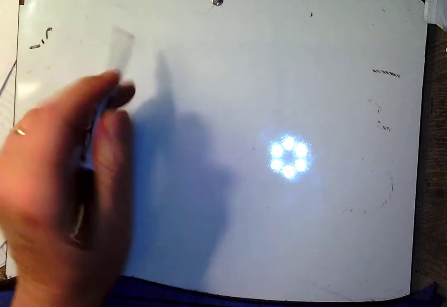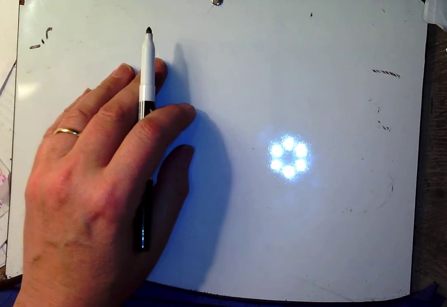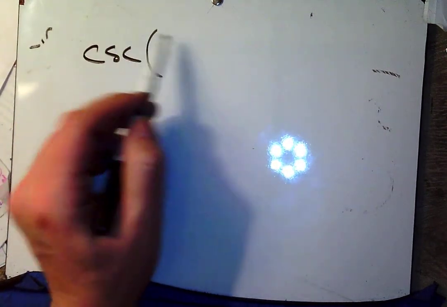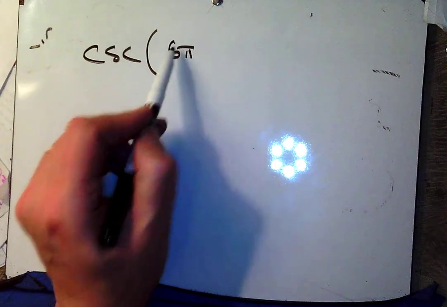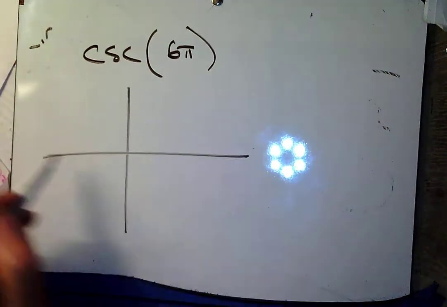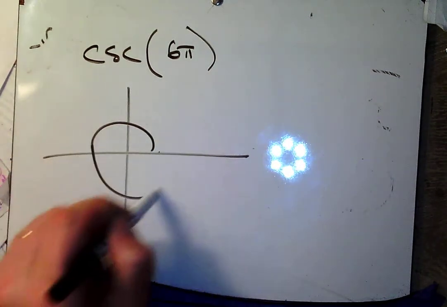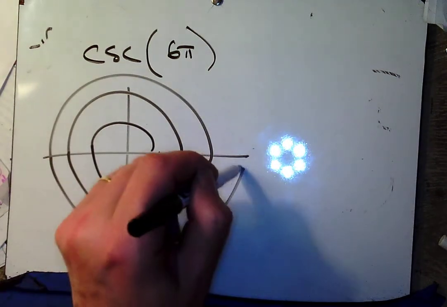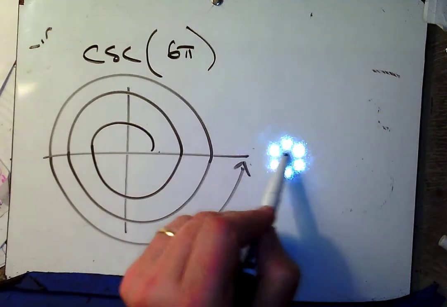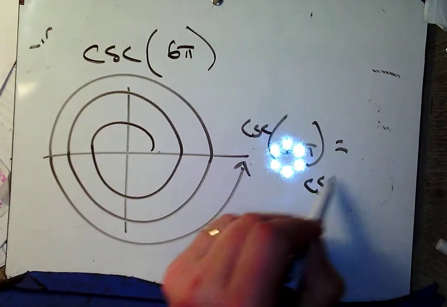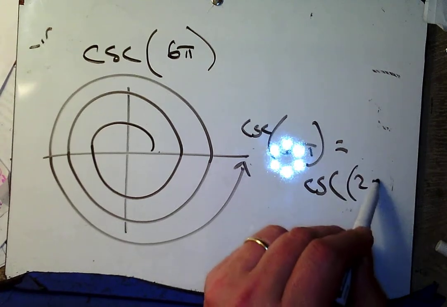Okay, one more. How about cosecant of 6 pi? Okay, so 1 pi, 2 pi, 3 pi, 4 pi, 5 pi, 6 pi. Hey, 6 pi is going to be the same as cosecant of 2 pi.